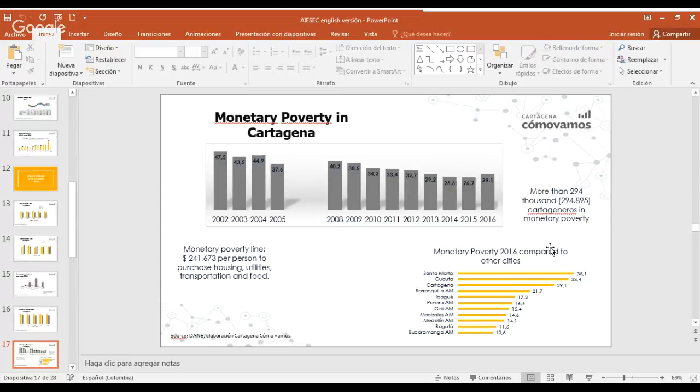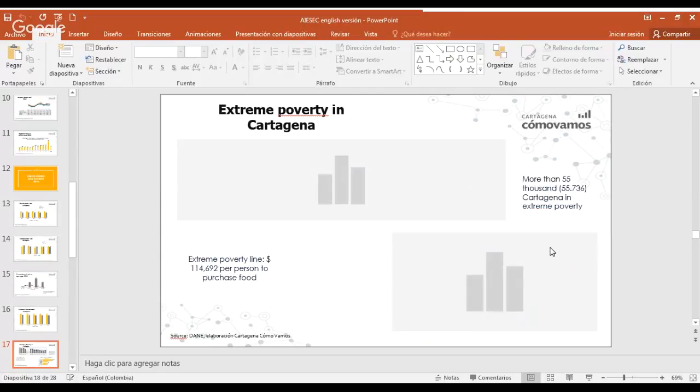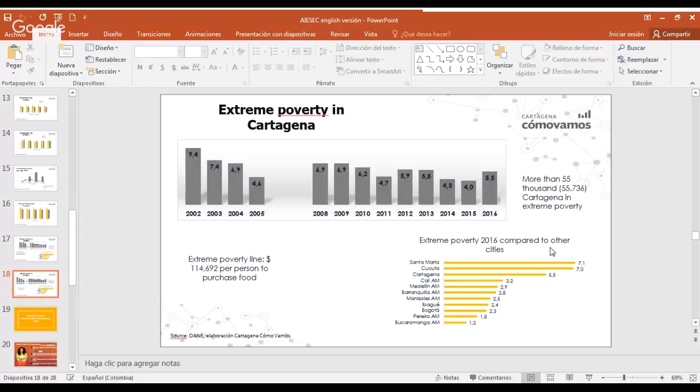But if we compare the poverty with the main cities in Colombia, we can see that Cartagena has the third highest level of poverty in the country. Also, if we talk about extreme poverty, that refers to people who have a monthly income below 114,492 pesos, that is around $4 each month per person.